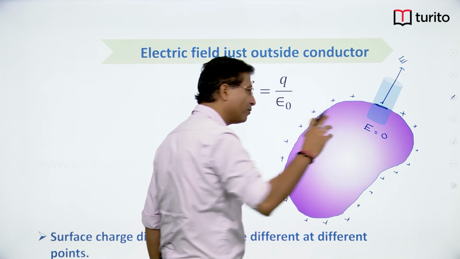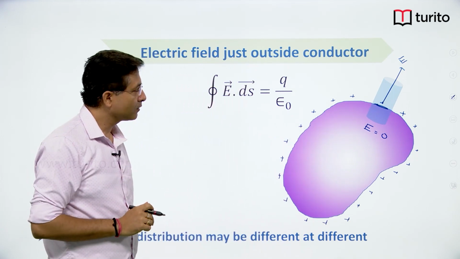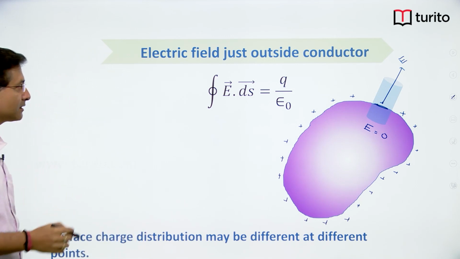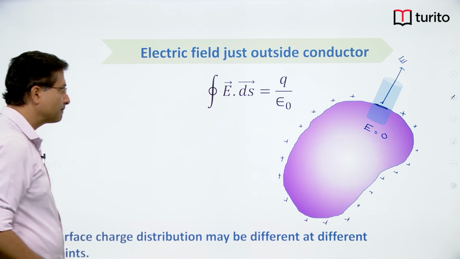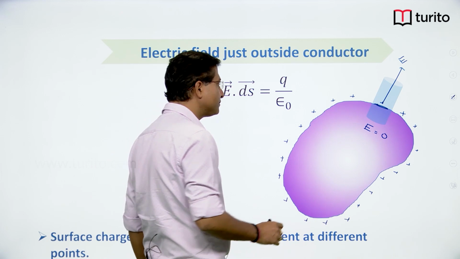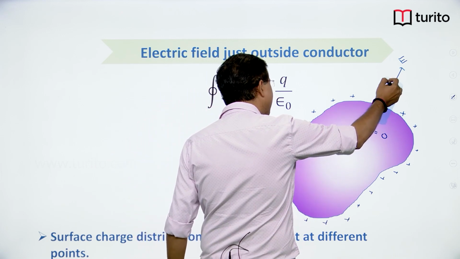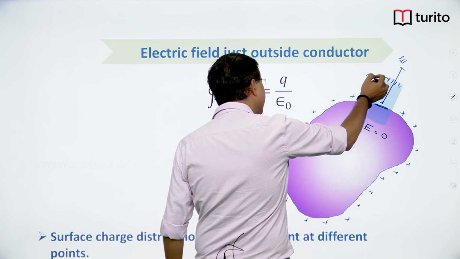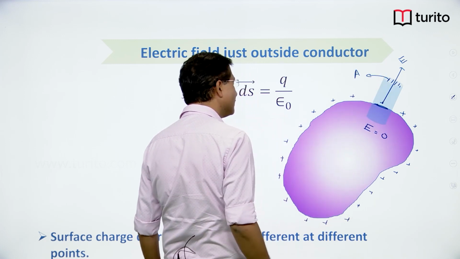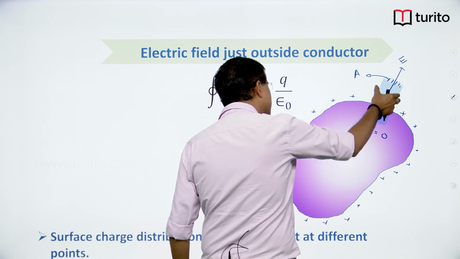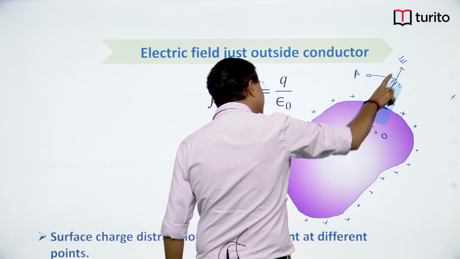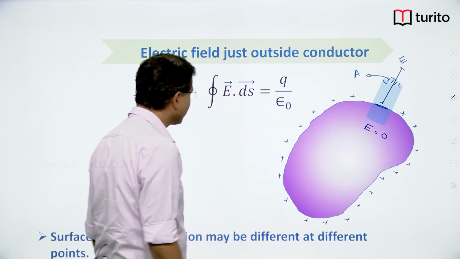This is a very small part, right. So, if I apply Gauss law to find the magnitude of the field just outside, then I can calculate the flux associated. Let this area be A. As the field is perpendicular to the surface and the size is very small, everywhere on the area the field will be like this. So, I can directly write the flux.